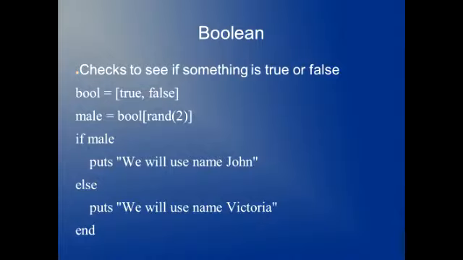This will select either true or false in the bool array, and the result will be stored in the variable male. If the male variable is true, the message "we will use name John" is printed out. Otherwise, "we will use name Victoria" is printed.